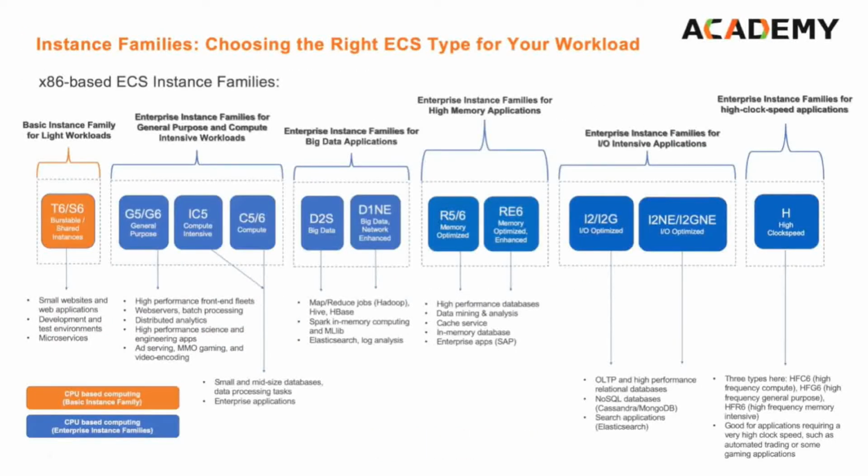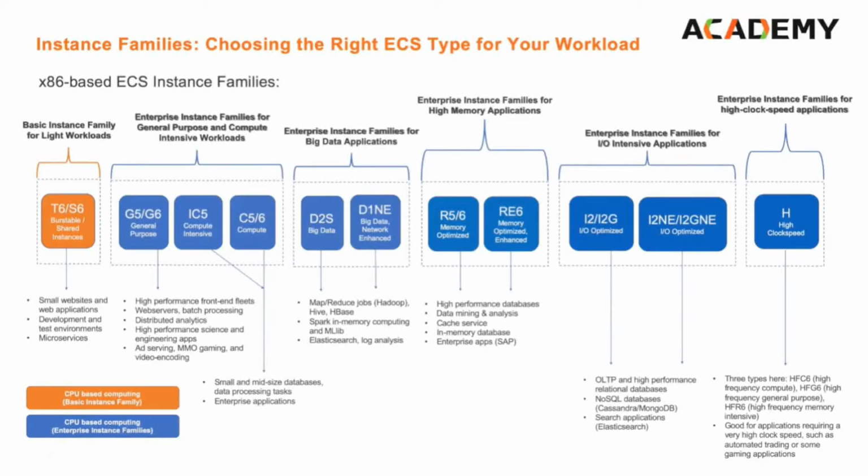In basic CPU based computing, we have only one family, that is T6 or S6. We call it burstable or shared instances. They are normally used for small websites, static websites, and small web applications, and for development and test environments and microservices.